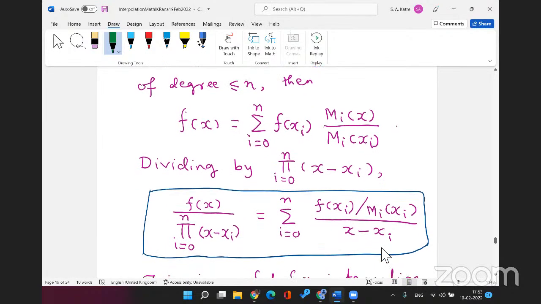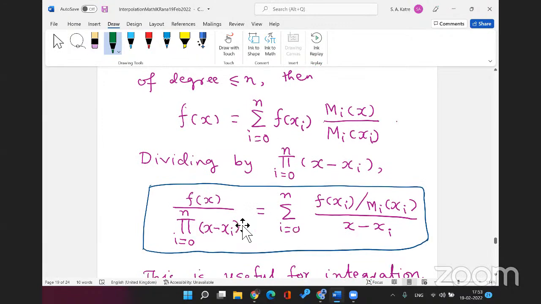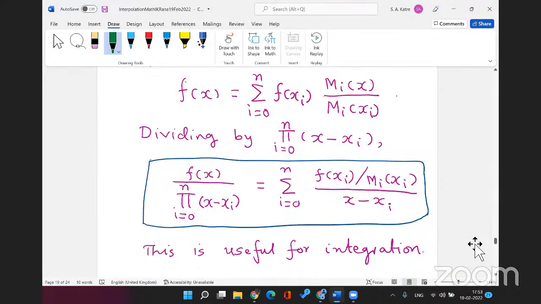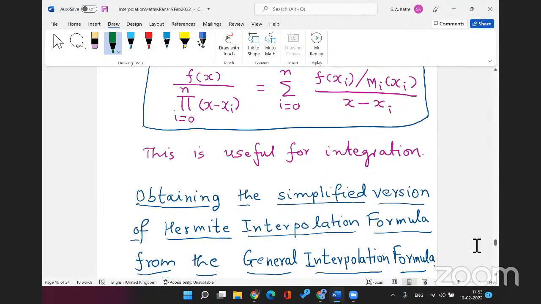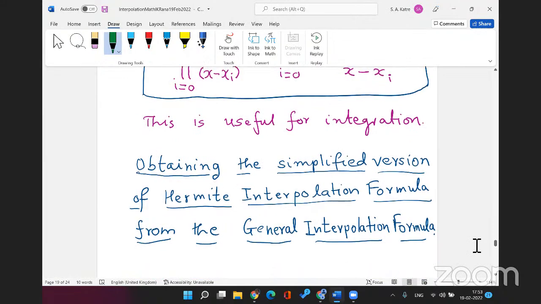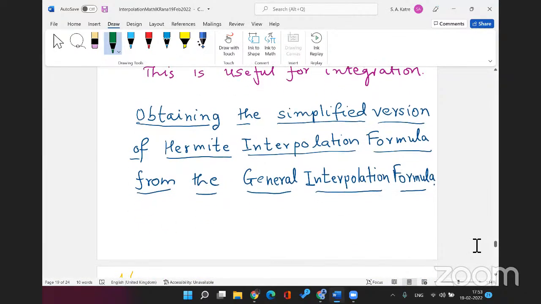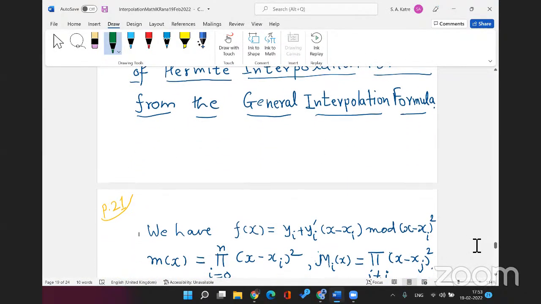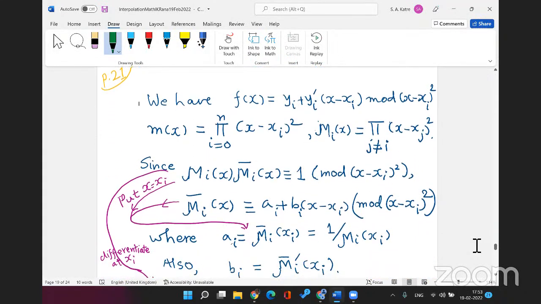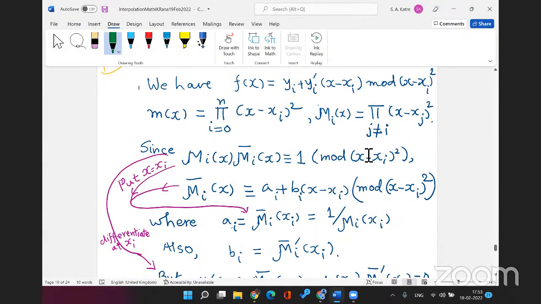And we want to see what happens if the denominator is (x minus xi) squared. Let us see that also, that we get from the Hermite version that we have obtained. So now how to get the Hermite formula from the general interpolation formula. Here M(x) is the product of (x minus xi) squared, and capital Mi(x) means the product of (x minus xj) squared, j not equal to i.